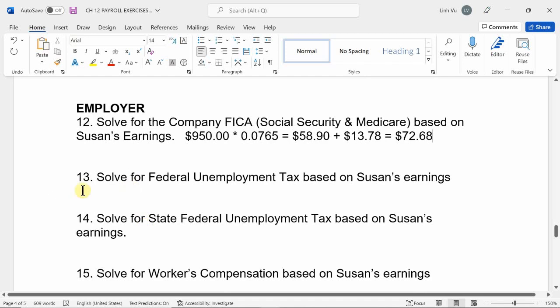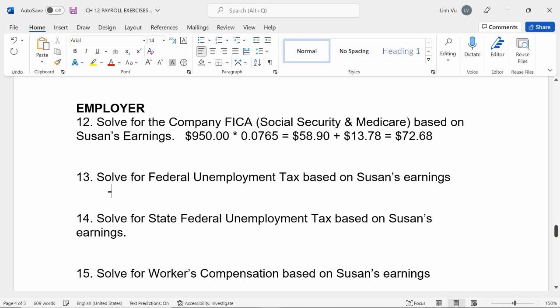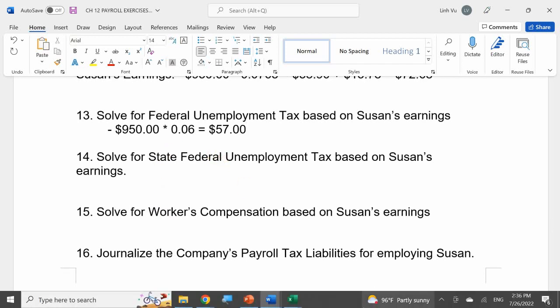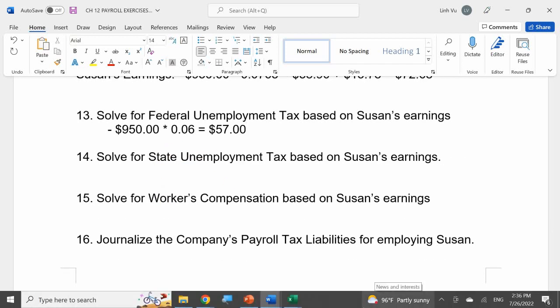What is the federal unemployment tax based on Susan's earnings? 6%. So what's 6% going to be? Because that's FUTA. $57 even. What is state unemployment based on Susan's earnings?